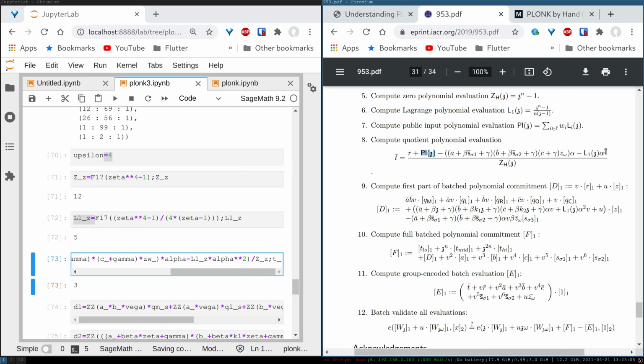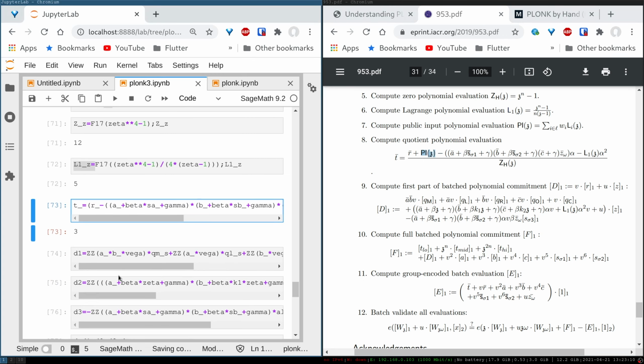That's the numerator. And where's the divider? T bar. And then I divide by Z of zeta, right? So that gives us T bar.